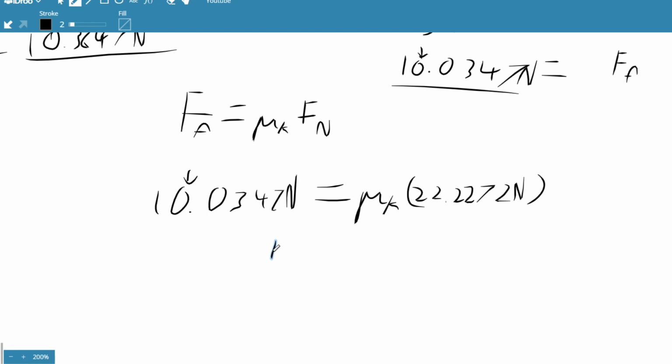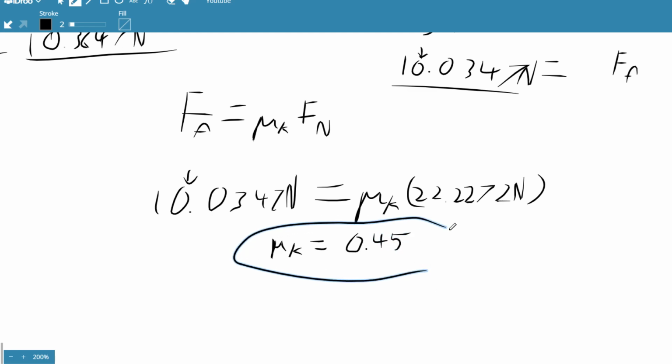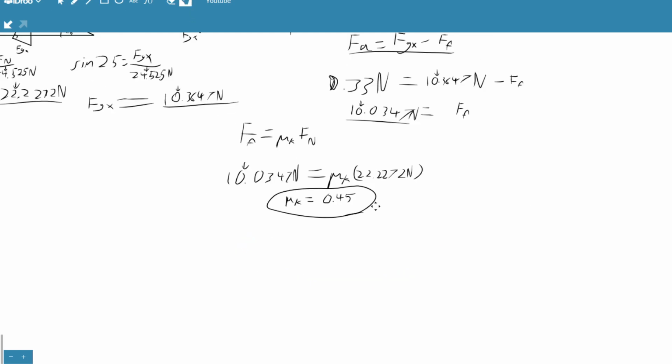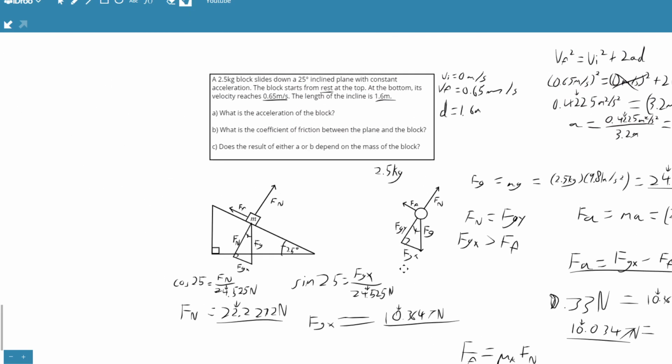Now just to solve for mu k, divide both sides by Fn, 22.2272. So 10.0347 divided by answer gives us 0.45. We can actually round this one because this is our final answer. And that is our coefficient of friction.